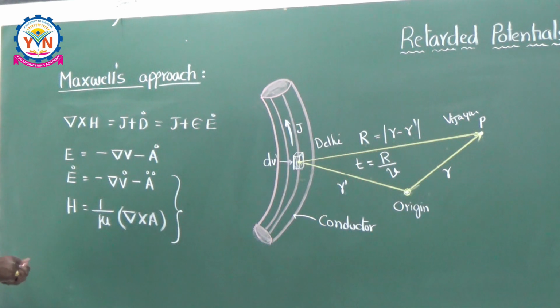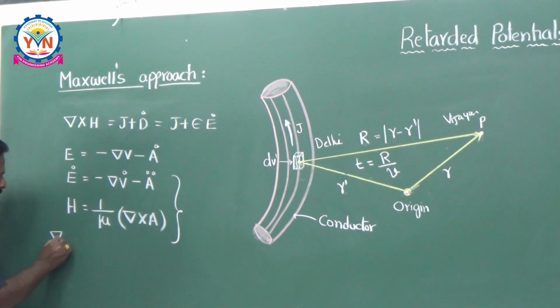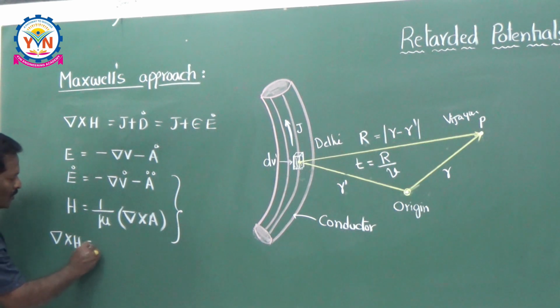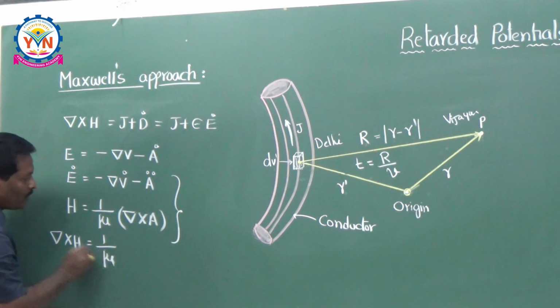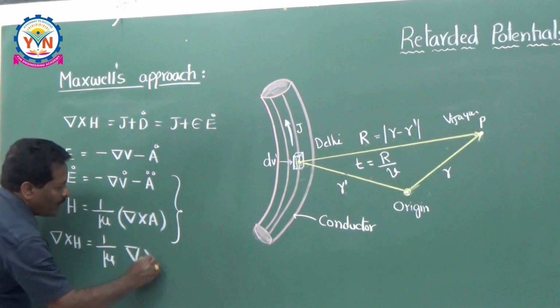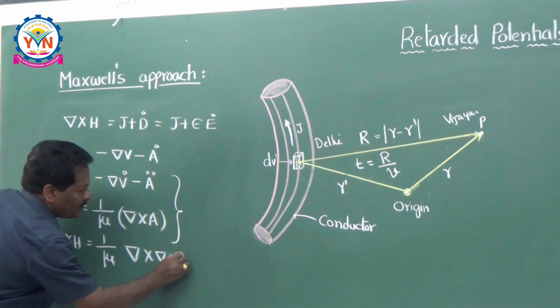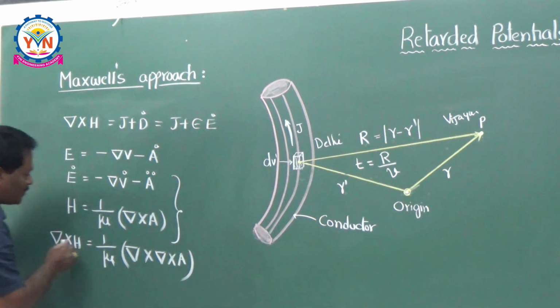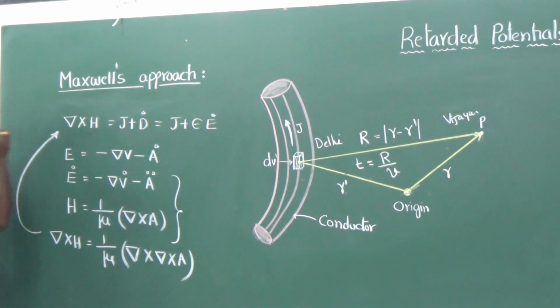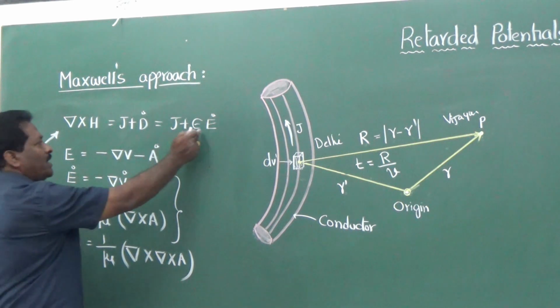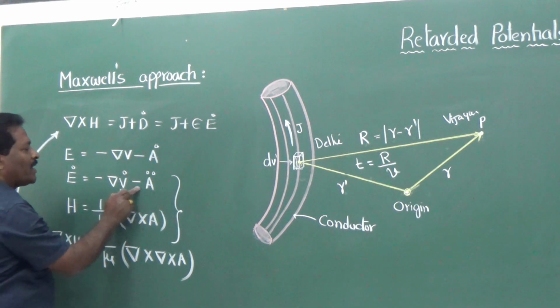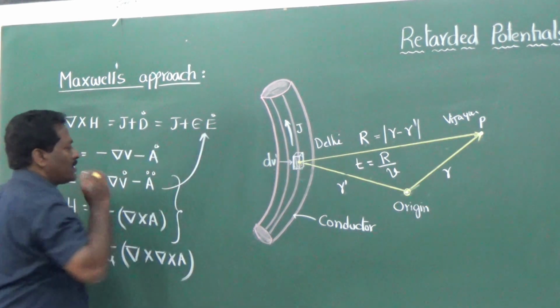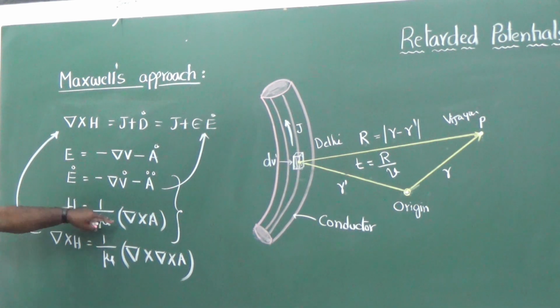Del cross H is 1 by mu of del cross A, and this is what you substitute on the left side. And E dot is equal to minus del V dot minus A double dot, which you substitute on the right side.